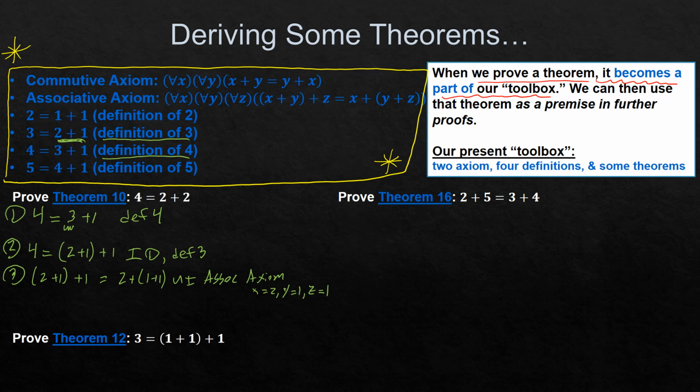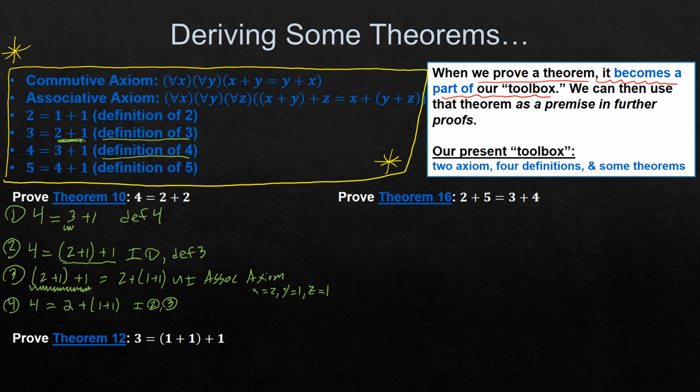Because if you notice line 2, we're told that 4 is identical to parentheses 2 plus 1, close parentheses, plus 1. And so we can substitute that 4 into this left-hand side, so to speak, in terms of line 3. Hence, for line 4, we can say that 4 is equal to 2 plus parentheses 1 plus 1, close parentheses, by the use of the identity rule with lines 2 and 3.